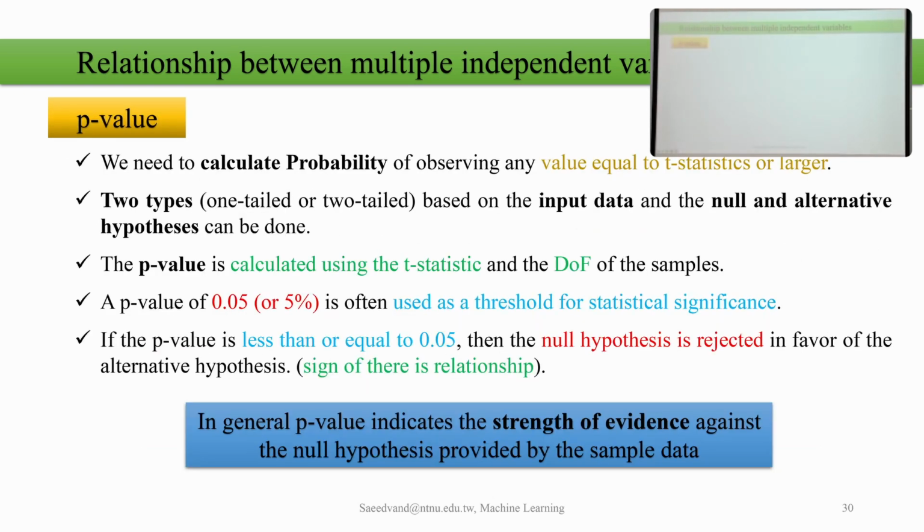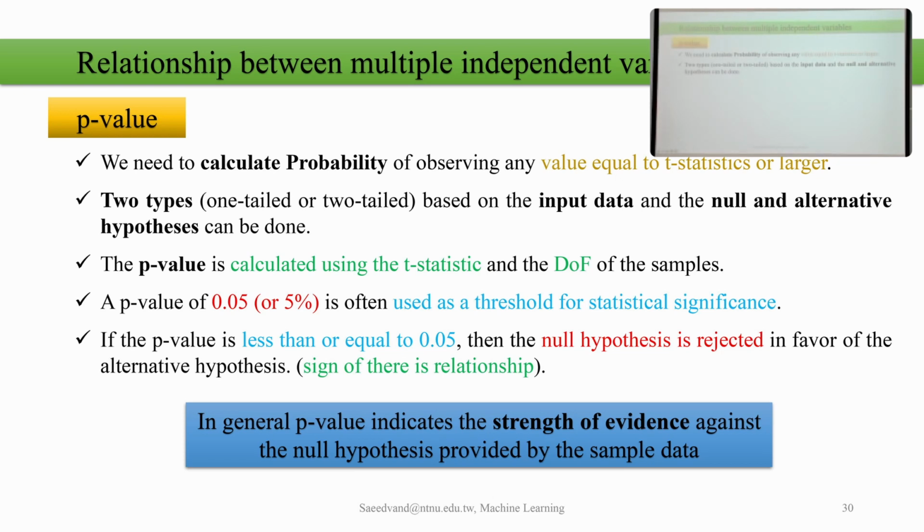So now we want to define the p-value. Let's first define it. We need to calculate the probability of observing any value equal to the T statistic or larger. Actually, we want to use the T statistic to put it in the form of a probability and discuss it. There are two types of p-values.